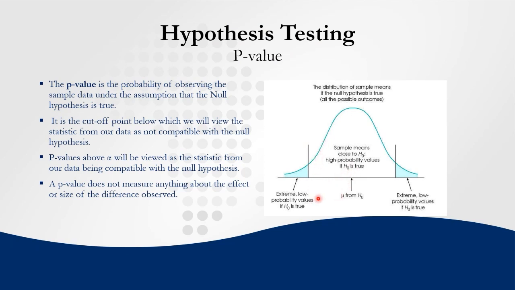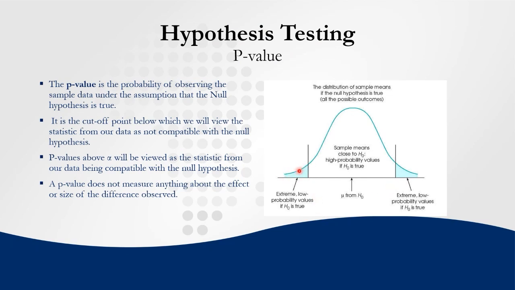And you will see that if the outcome is by chance, this area will be bigger. The extremes will be bigger because it means that we will have a lot of observations in the extreme. So the shaded area will be bigger.